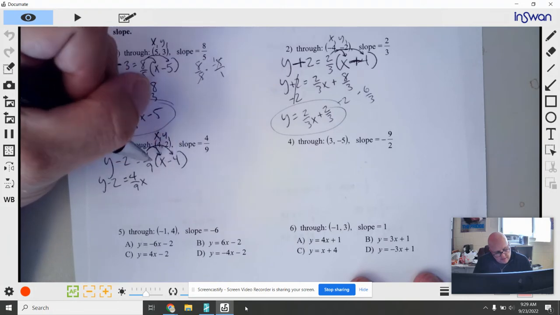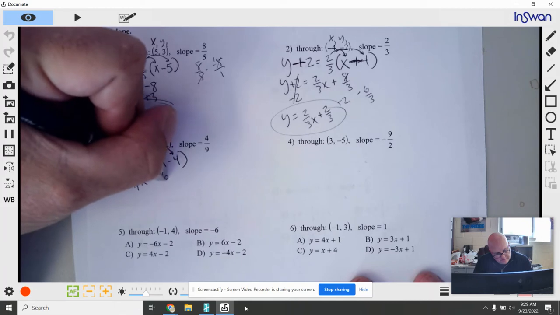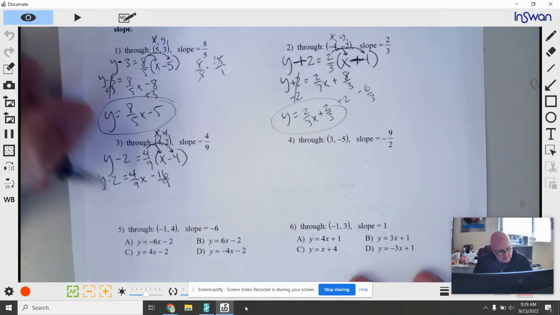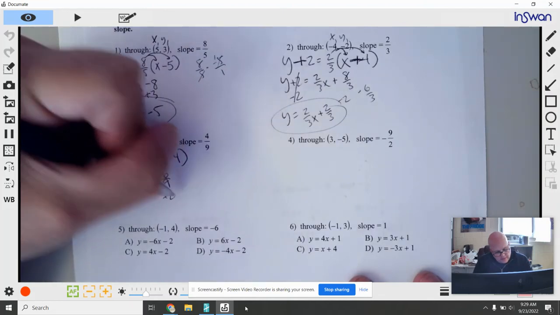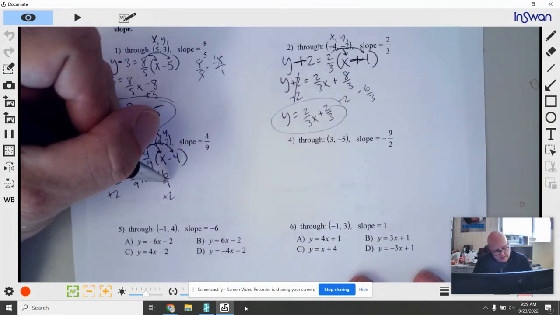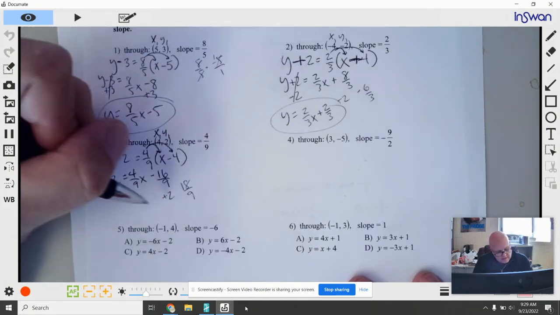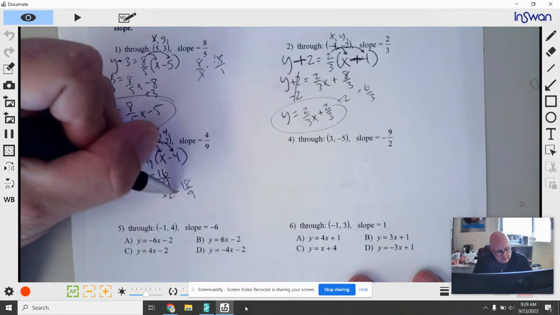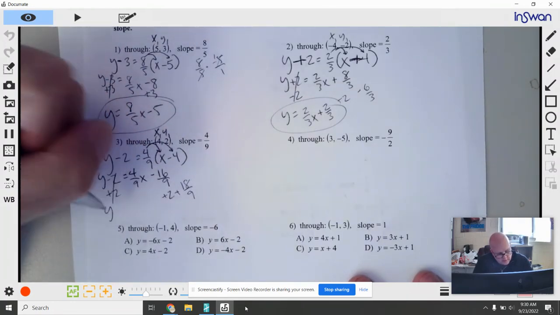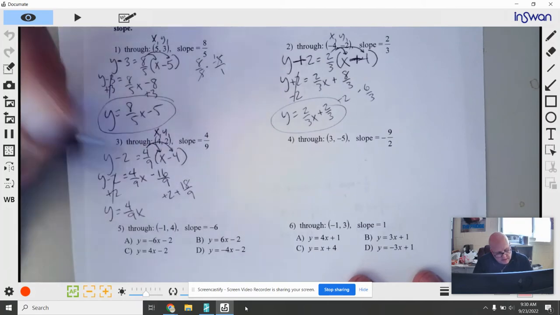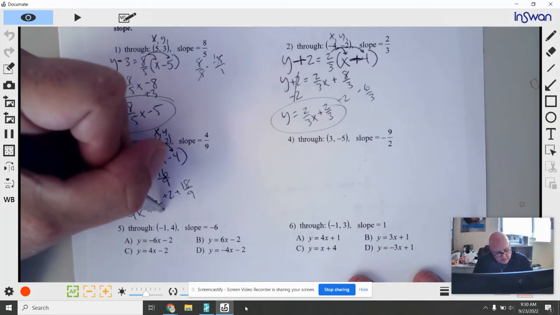Keep that as improper right now. 4/9 times negative 4/1 would be negative 16/9. Okay, then I'm going to add 2 to both sides. And if I add 2 over here, convert that to a common denominator. So that's going to be 18/9. 18 divided by 9 is positive 2. So we're going to be adding that to there. So that's going to cancel out. y equals 4/9 x. Negative 16/9 plus 18/9 will give you a positive 2/9.